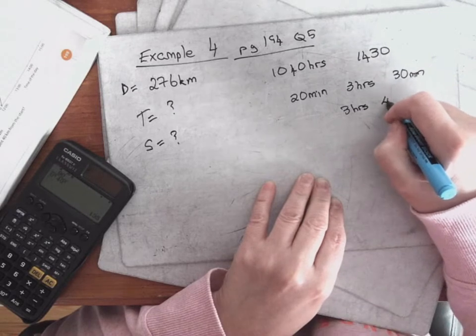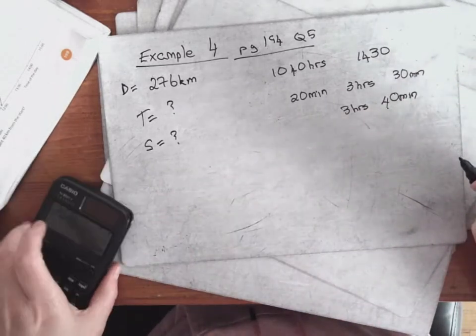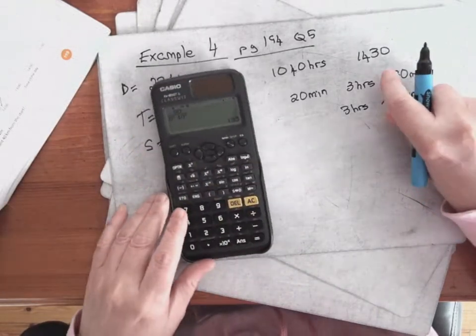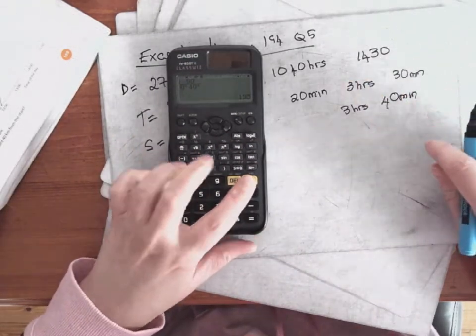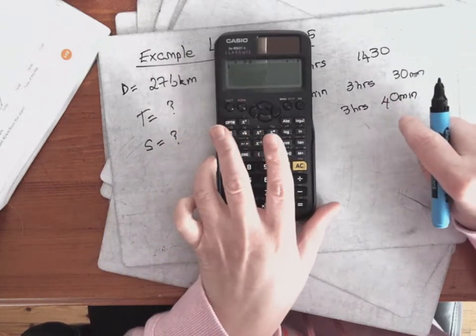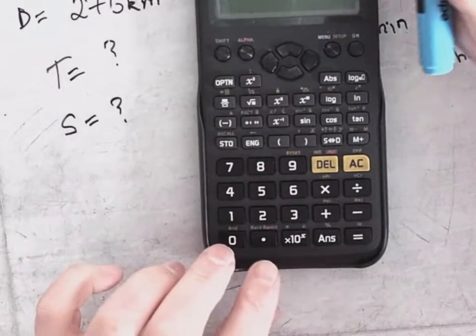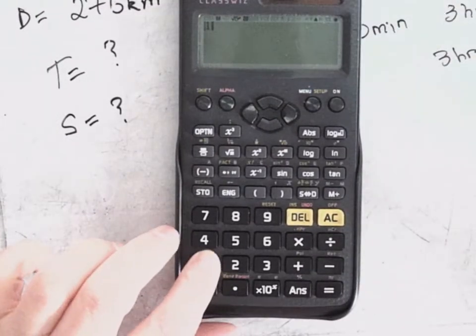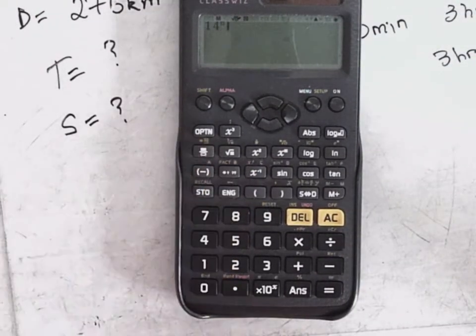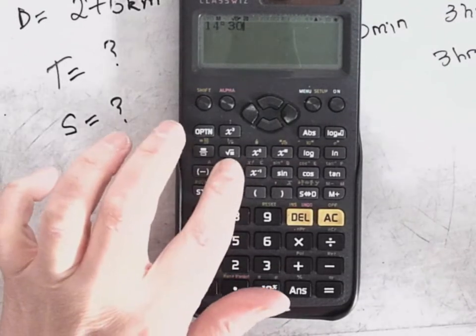Okay, but that button on the calculator is brilliant, so you can subtract. We arrived at 14:30. We left at 10:40. So put it into your calculator. It's 14:30, so it's 14 hours, that button with the commas, 30 minutes.